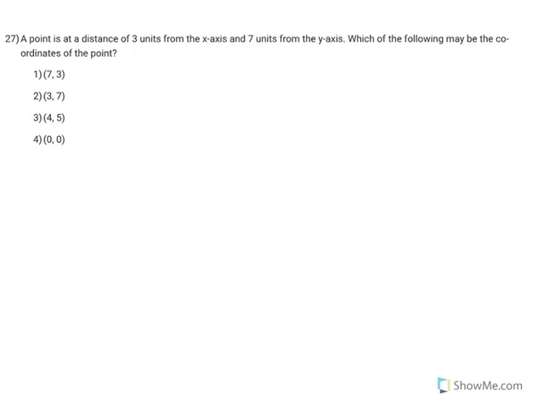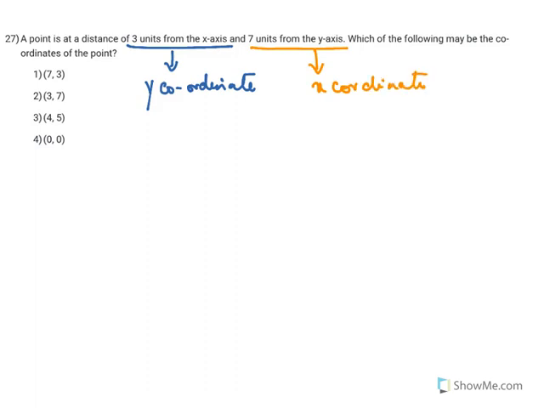A point is at a distance 3 units from the x-axis. So distance from the x-axis, remember, is the y coordinate. And it is 7 units from the y-axis. Distance from the y-axis is the x coordinate. So if you want to write this point now, it'll have two coordinates, x and y.